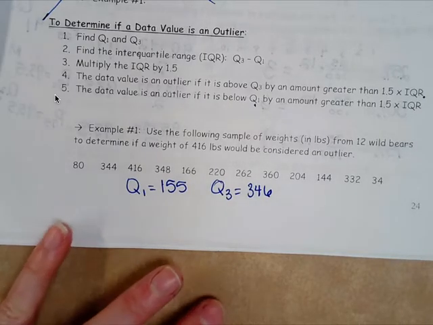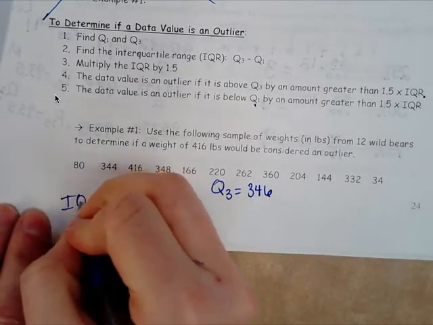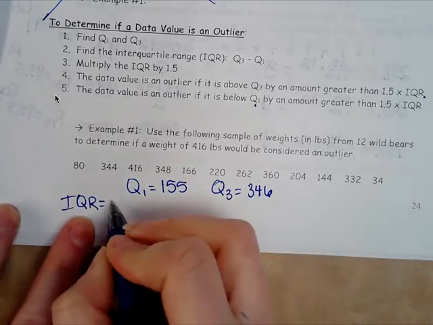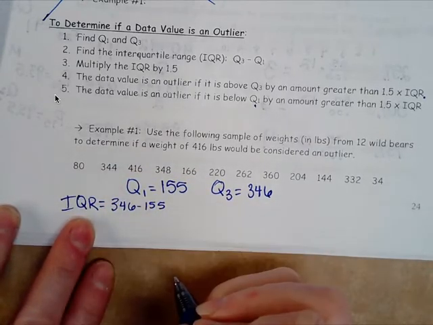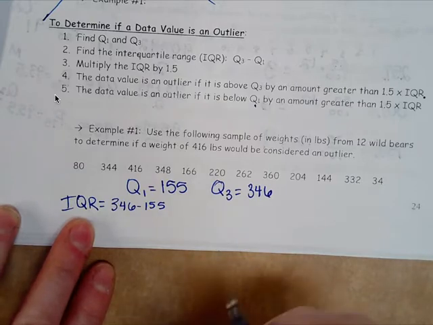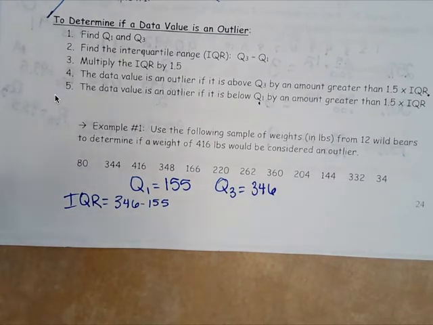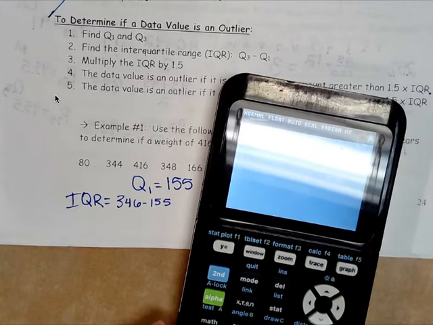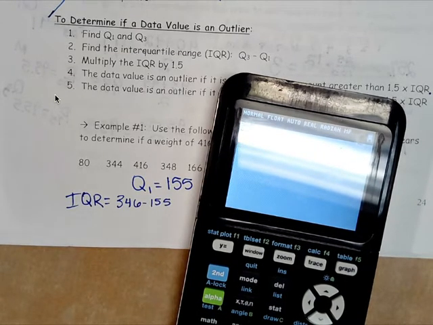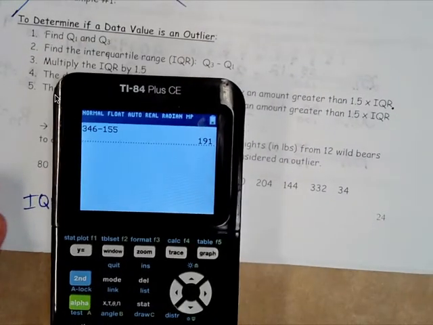So let's find the IQR. That's going to be 346 minus 155. 191 is our IQR.